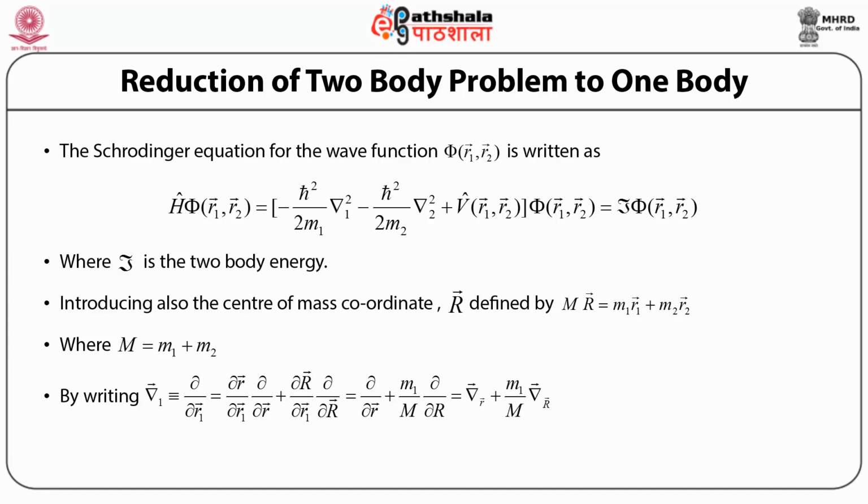By writing del1 vector, which is del by del r1 vector, equal to del r vector by del r1 vector times del by del r vector plus del R vector by del r1 vector times del by del R vector, equal to del by del r vector plus m1 by capital M del by del capital R vector.